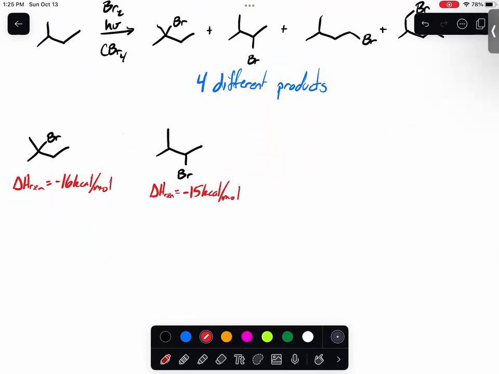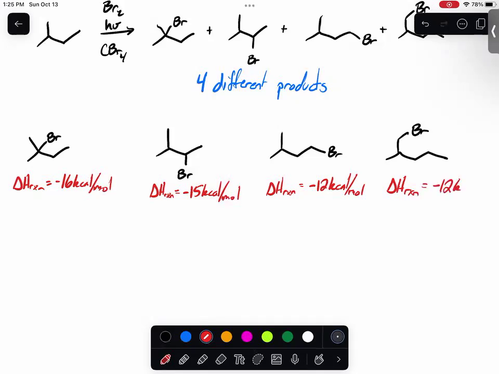Furthermore, if we take a look down the line, these two primary ones share relatively the same energies, and both of their delta H reactions are negative 12 kilocalories per mole. Now this can actually afford a little bit more wiggle room because it's not like they're just a single kilocalorie from the tertiary. They're three, which is relatively different.